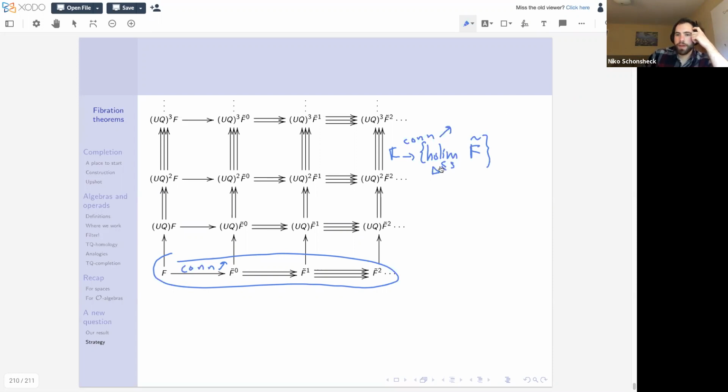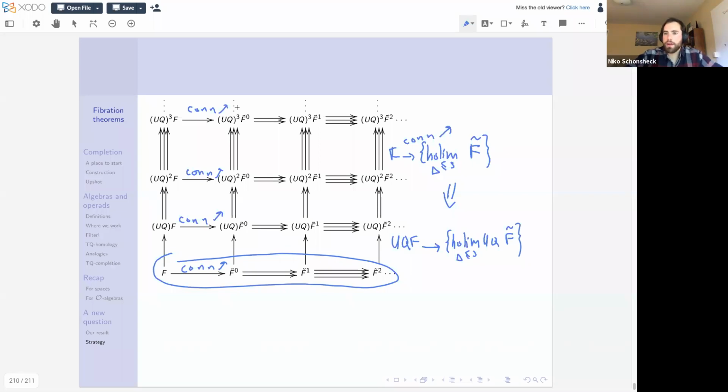And then by looking at certain cubical diagrams associated to homotopy limits of this shape, you can prove that the same is true if I apply TQ homology, so holim of UQ F tilde. And then you just repeat this. So this is increasing in connectivity, that is increasing in connectivity, and so on. Does that answer your question?